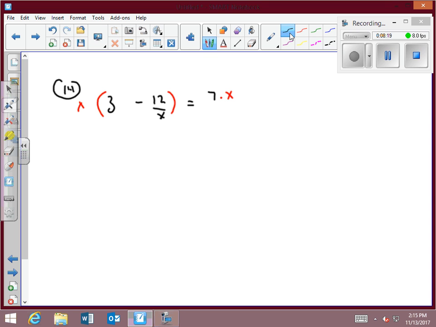On the left-hand side, what do we have? 3x minus 12, is that right? Equals 7x. So we take the 3x over to the right-hand side, minus 12 equals 4x, and x is going to equal minus 3, right?